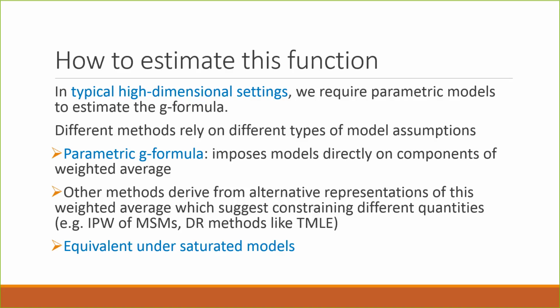This has a doubly robust property, which is nice because you have sort of two sets of models you could get right. You can get one or the other right and remain consistent for the correct answer. And this method derives from yet a third representation, where you can write this weighted average as a series of nested conditional means. So there's a lot of ways to do this, and what I'm going to be focusing on for the rest of the time is one way that has some practical advantages and also some disadvantages as well. We'll talk about this.